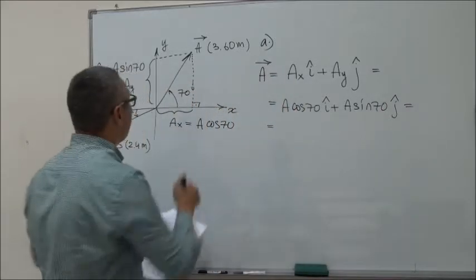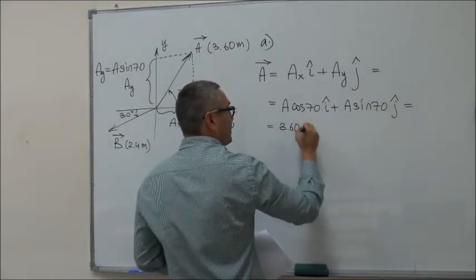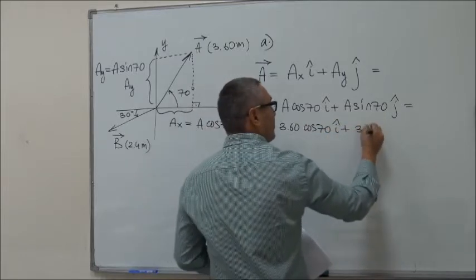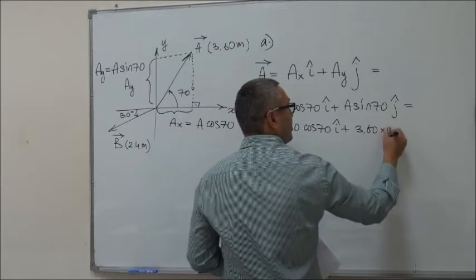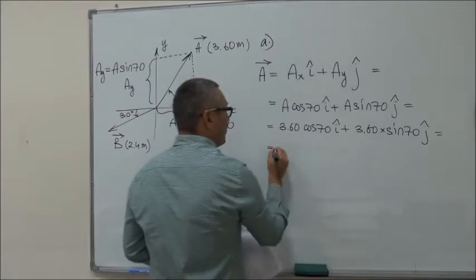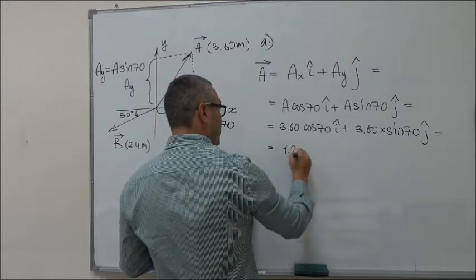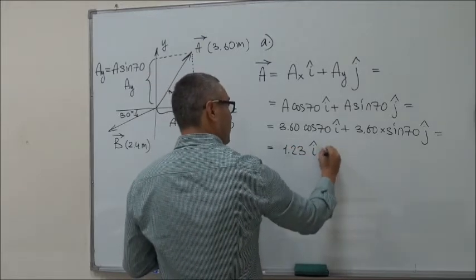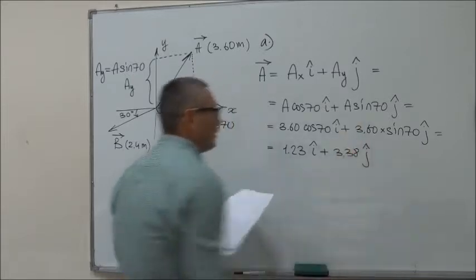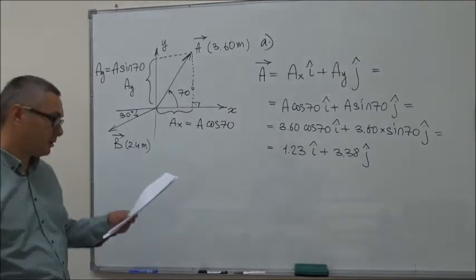Now, we know that A has length of 3.6, so let's plug it in: 3.60 times cosine of 70 I plus 3.60 times sine of 70 J. Now you can use your calculators to figure this out, and this gives you 1.23 I plus 3.38 J. So this is the representation of the A vector in I and J notation.